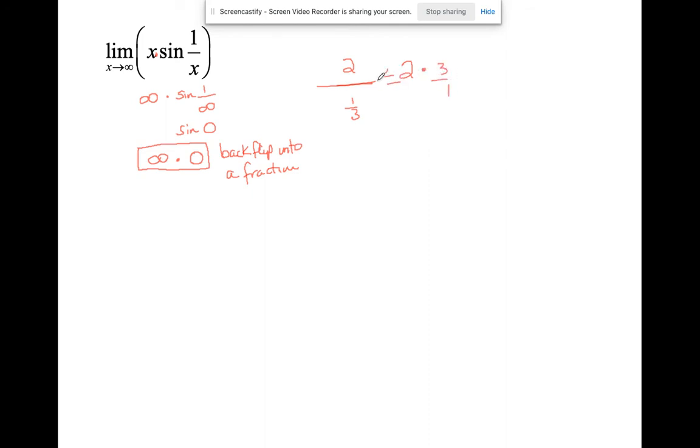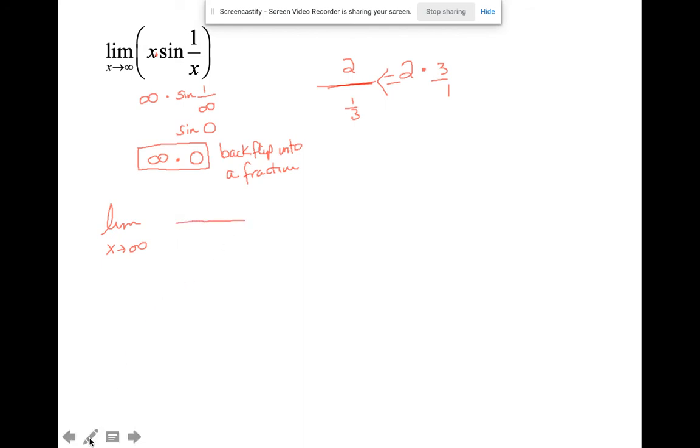I need you to go the other way. Multiplication is the same thing as division of the reciprocal. So take this product, which was infinity times 0, which is indeterminate, and take one of them and make it a reciprocal, make it a ratio.